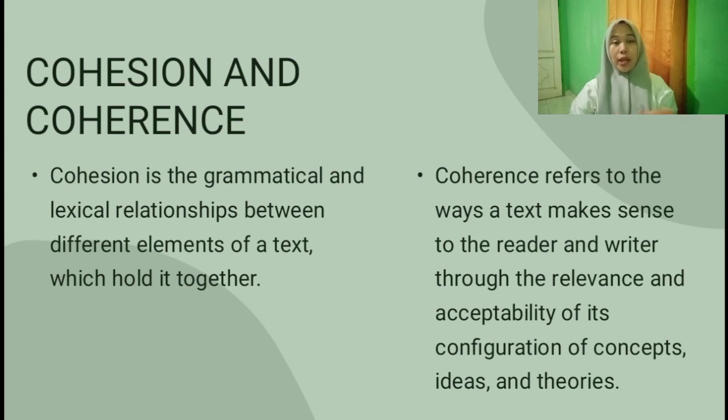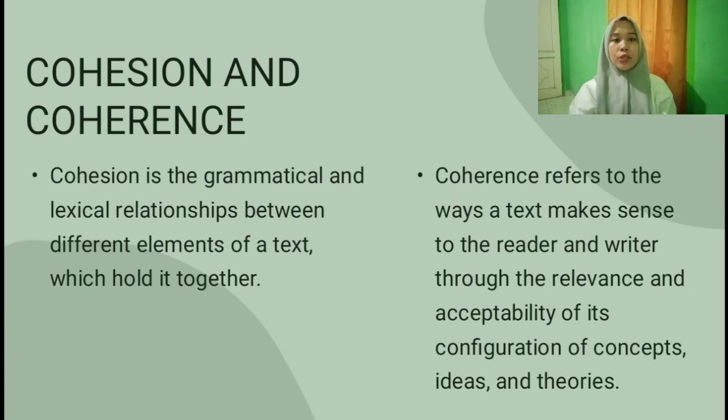Next is cohesion and coherence. Cohesion is the grammatical and lexical relationship between different elements of text which hold it together. It deals with the surface structure of discourse and includes concepts such as linking words, consistent ideas, and the use of cohesive devices like connectives. Next is coherence.